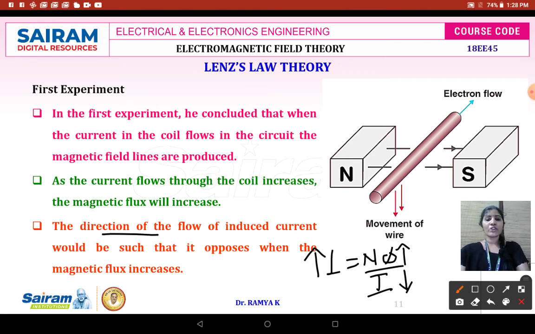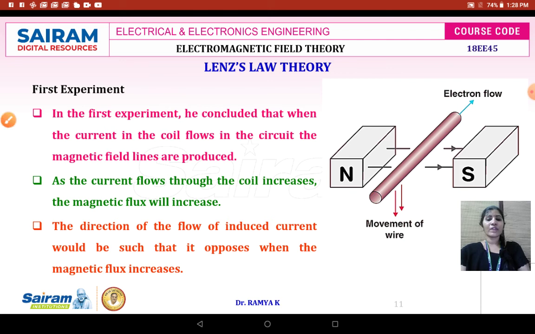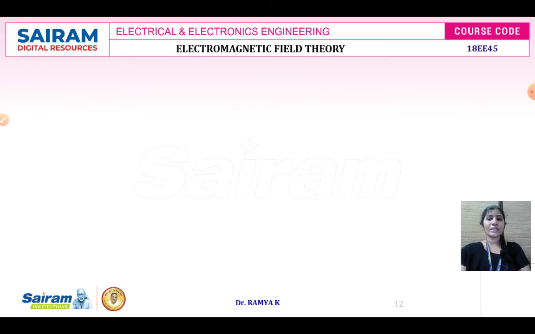That is how we identify the direction: when your flux increases, it opposes the induced current in the opposite direction.